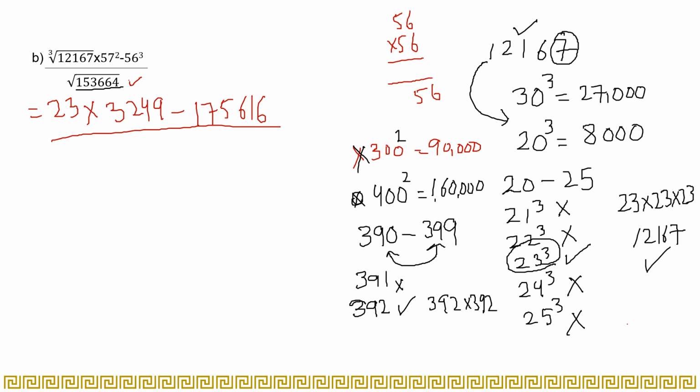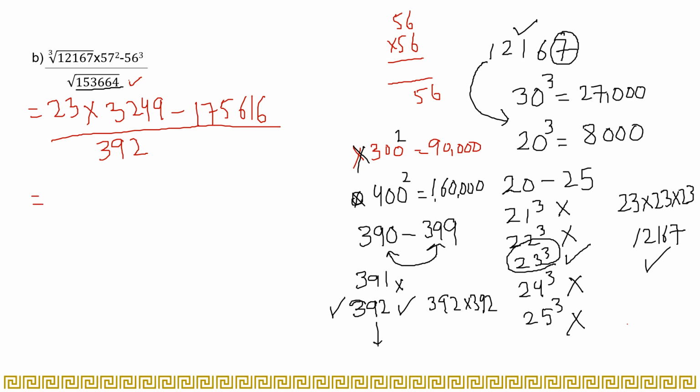So that means 392 is the right choice. So it's not necessary that you try the other numbers, although it's up to you if you want to do so. So 392 squared gave us 153664. So this is the right answer for this root.